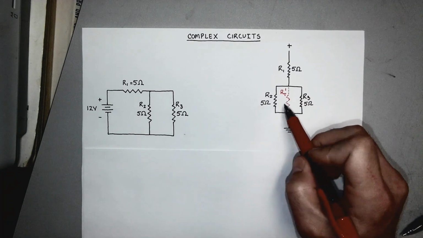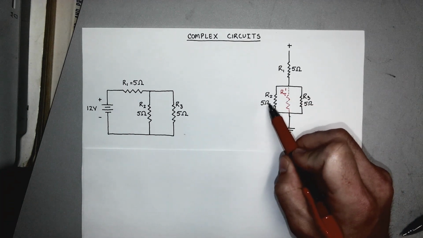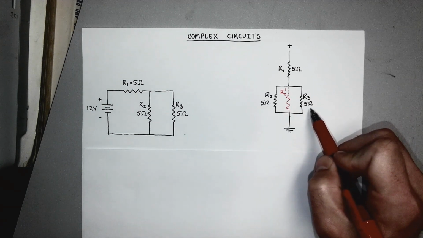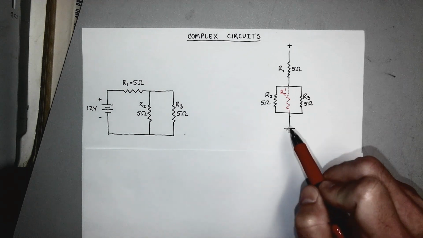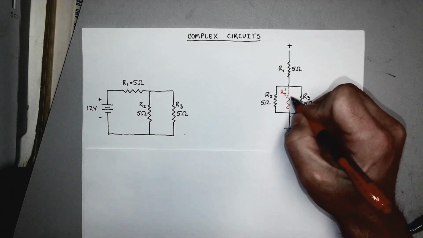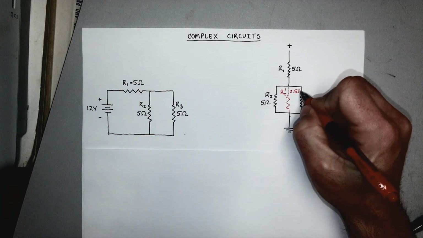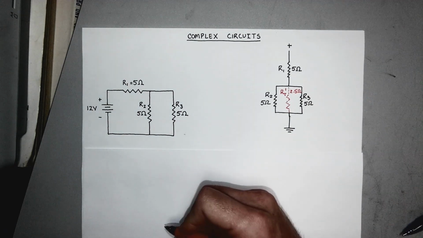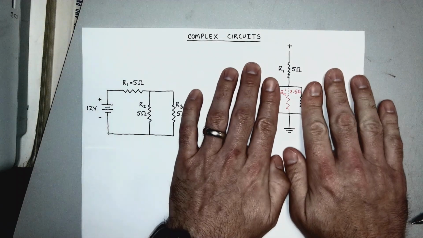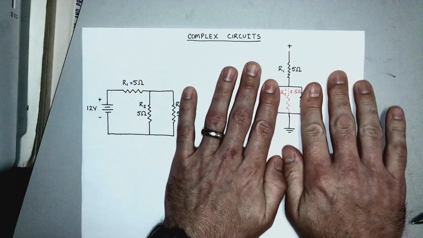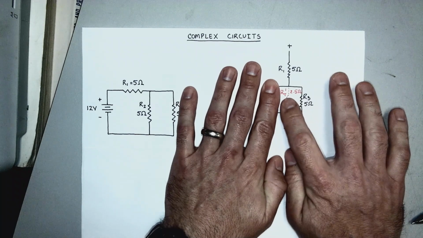Well, it's the resistance of R2, which is 5 ohms, in parallel with R3, which is 5 ohms, and that's going to be 2.5 ohms. And so RT prime is 2.5 ohms. And so with that, now we have a series circuit, and it's R1 in series with RT prime, which is just a representative resistor.